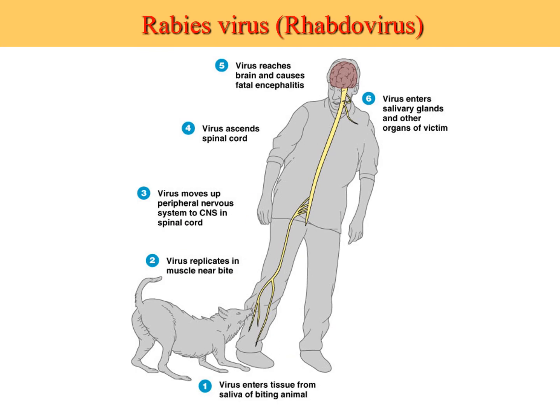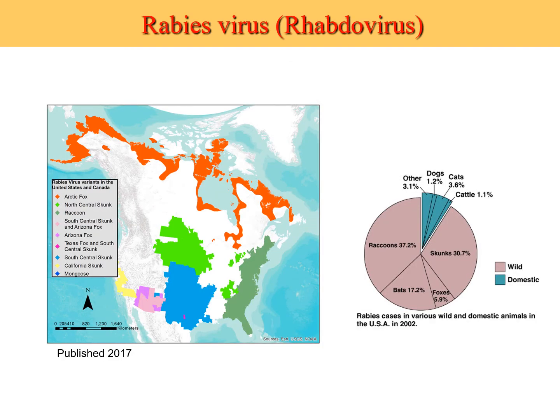Well, you can look at this, fairly self-explanatory. The rabies virus occurs in a number of different animals, as I said, and this map shows that in the northern regions of North America, you have it in fox, but you also have it here where we live in skunks and raccoons.